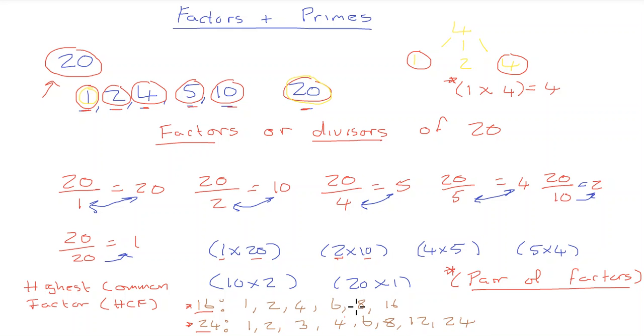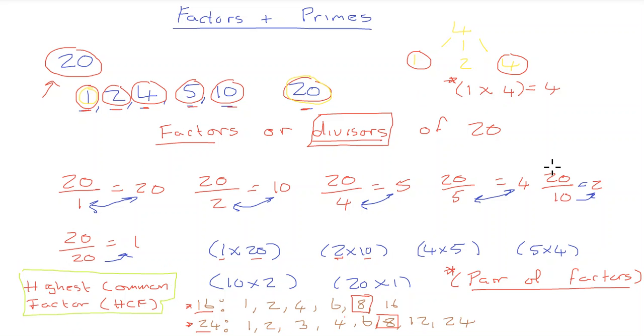Now the highest common factor between both of these numbers is this factor here, which is 8. So this would be known as the highest common factor because it's common between both of these numbers. So it's the highest divisor, or the biggest number that will divide in evenly into both 16 and 24. So this is this idea of what's known as the highest common factor.